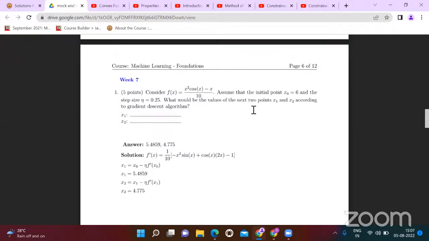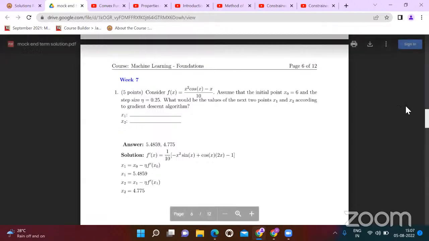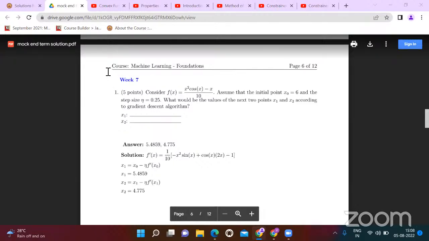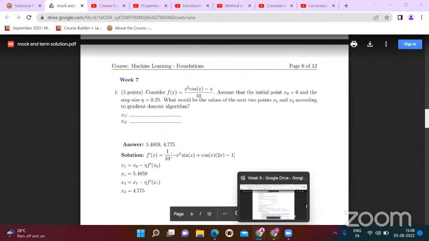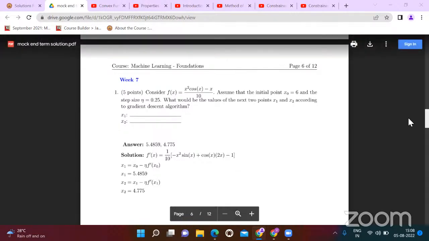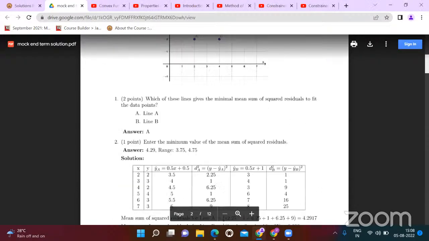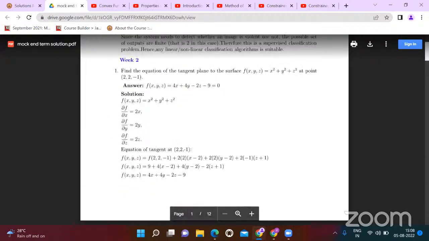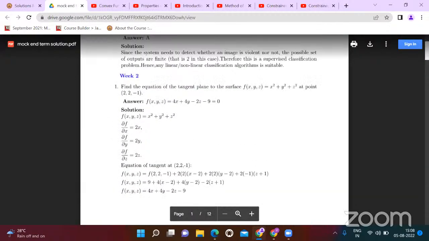Can you go to the previous question, the mean squared error question? I think it's question number 2. Find the equation of the tangent?